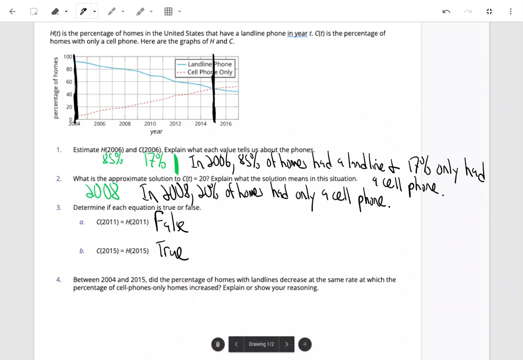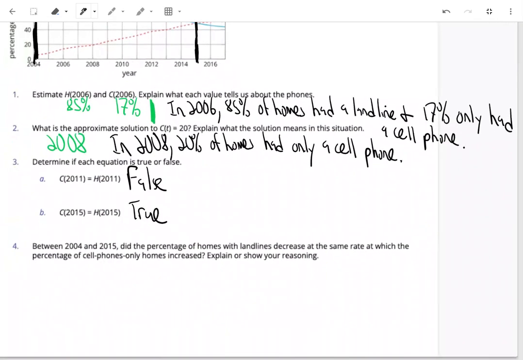Between 2004 and 2015, did the percentage of homes with landlines decrease at the same rate at which the percentage of cell phone only homes increased? Explain or show your reasoning. Okay. So what we're going to do here is we're actually going to do average rate of change. And we're going to see if we get similar values.